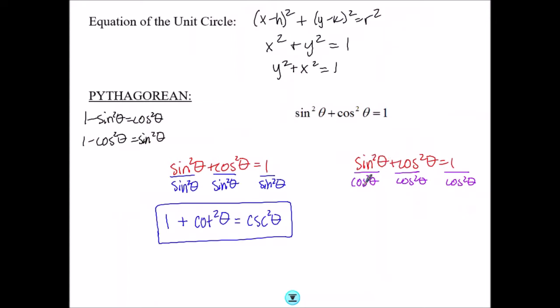So sine squared theta over cosine squared theta is tangent squared theta. Cosine squared theta divided by cosine squared theta is 1. And since we know that 1 over cosine of theta is secant of theta, 1 over cosine squared of theta equals secant squared of theta. So this is our third Pythagorean identity.